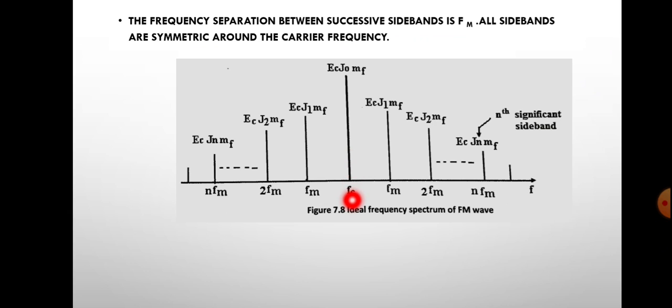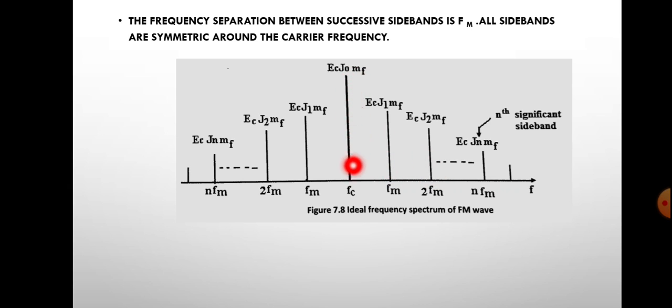The central frequency is fc, the first sideband is fm to the right of fc and the second is to the left of fc. Similarly, the next sidebands are 2 fm away from fc on either side. So each of the sidebands is separated by a frequency of fm.